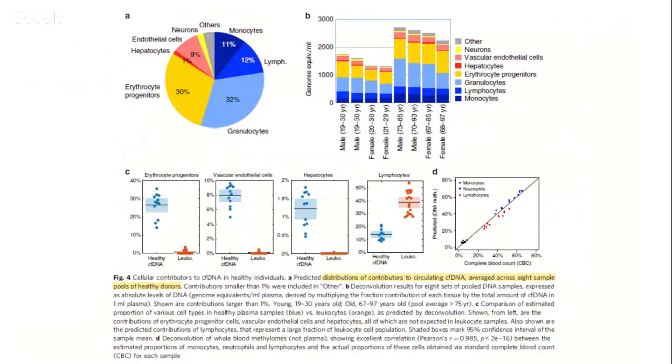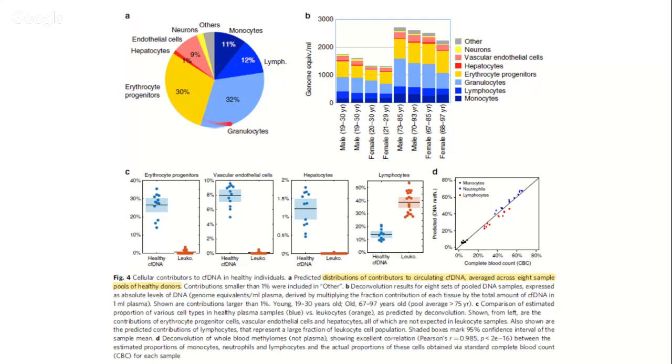Well, what they see in the middle is that from healthy individuals, if you look at the cfDNA, most of the circulating DNA that we have in our plasma, that's circulating free in our blood, not inside cells, most of it is composed by things that look like blood, right?